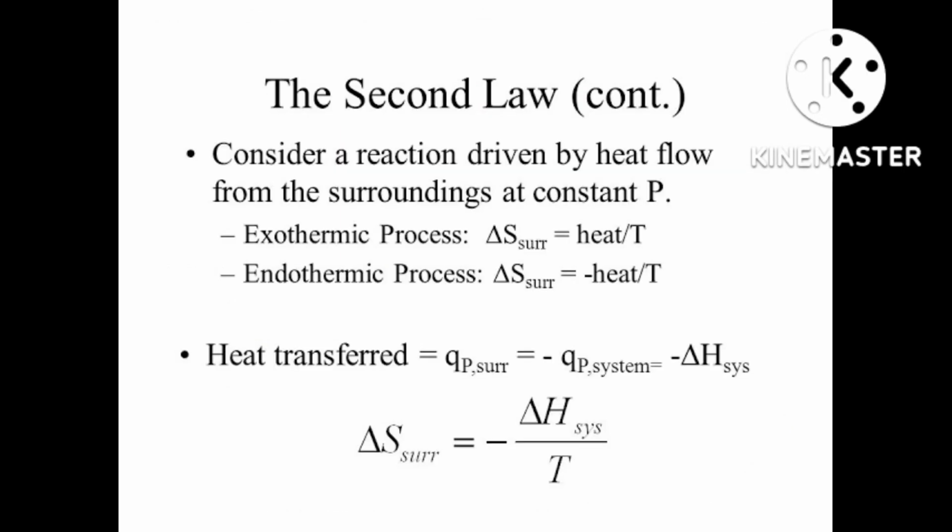Heat added to a system at a lower temperature, just like the 25 degrees I told you, causes greater randomness than when the same quantity of heat is added at a higher temperature. Suppose it was 50 degrees, and the same quantity of heat is added in both cases.